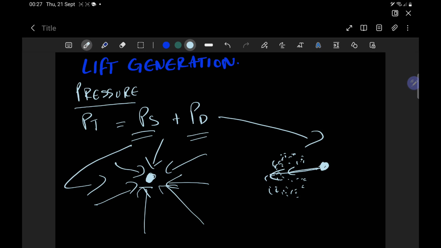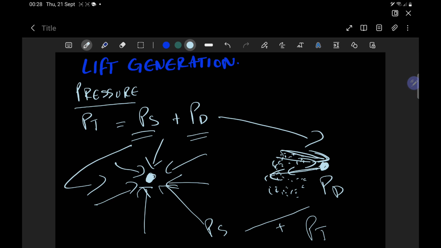These air particles will strike the object, and because of that some amount of pressure will be felt on the object, and that pressure is known as dynamic pressure. So if we add static pressure and dynamic pressure, we will get total pressure. Now we have some basic understanding about the pressure systems.